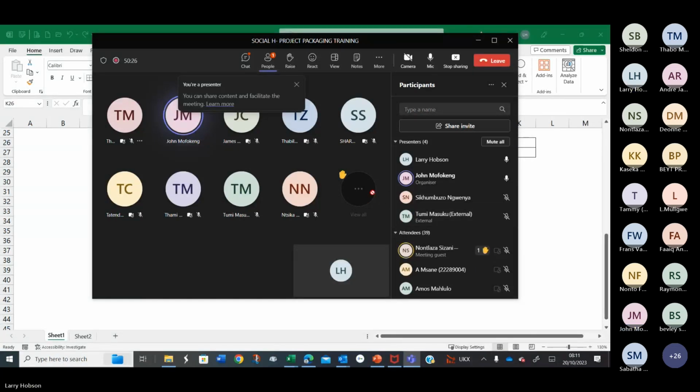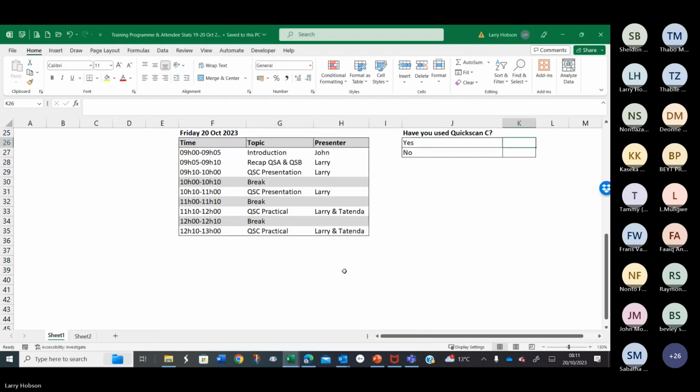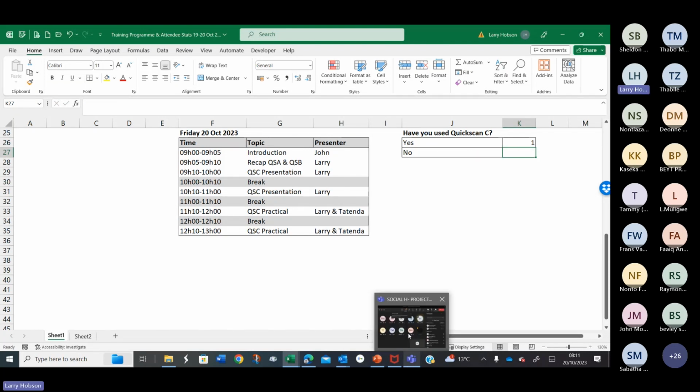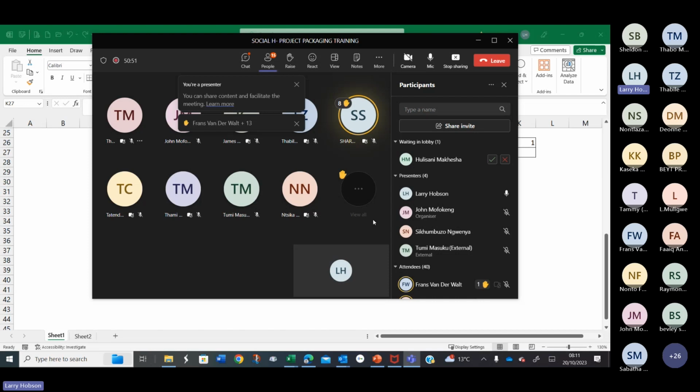Okay. So that must mean then the second question in the referendum is, who has not used Quick Scan C? Who answers no to the question? Who has not used Quick Scan C? Okay.